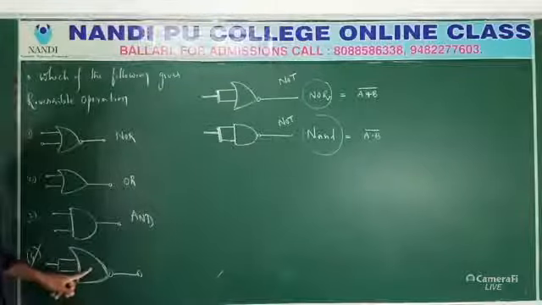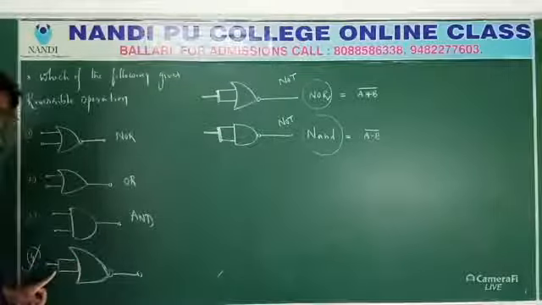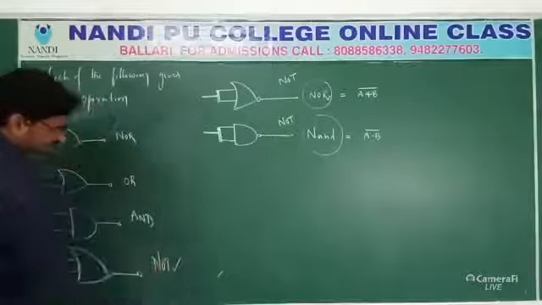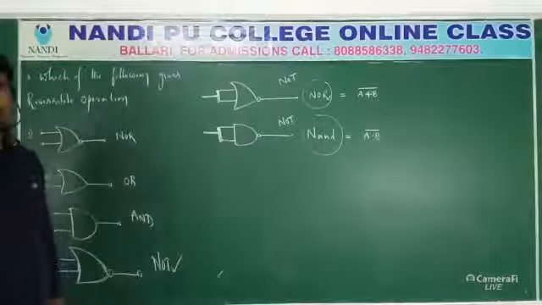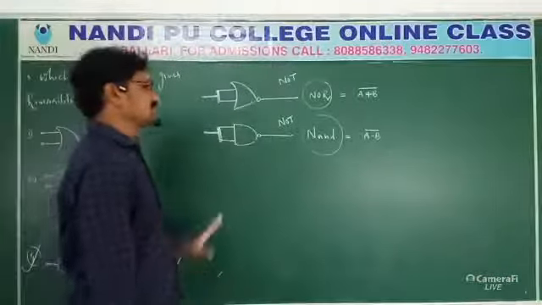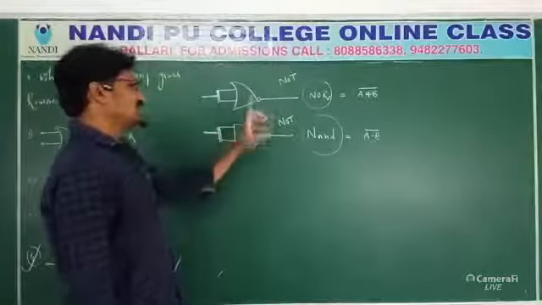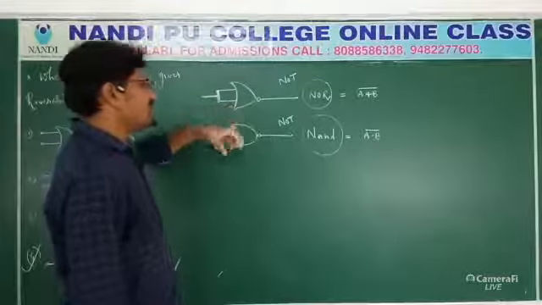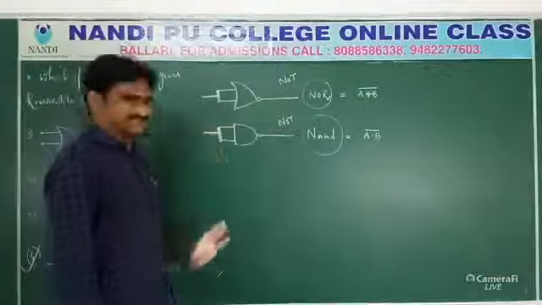Before, it was an OR gate only, but when two inputs are joined, now we call it a NOT gate. Understand? This is the basic idea about modifying the NOR and NAND gates.